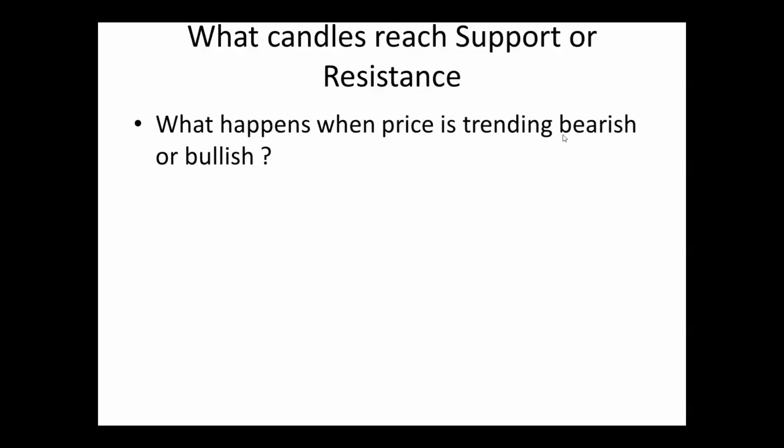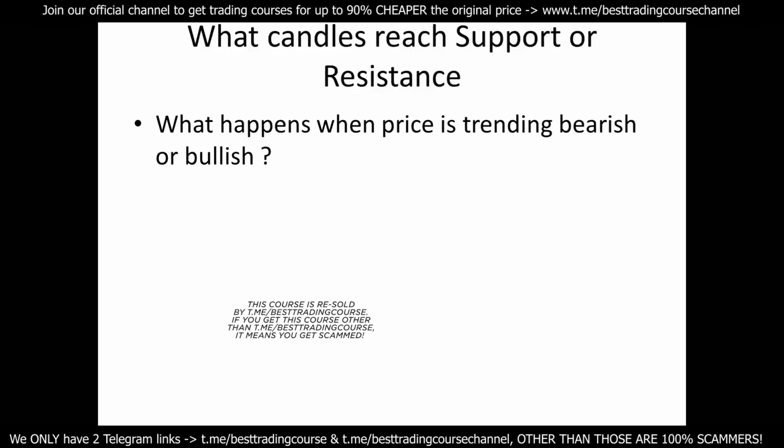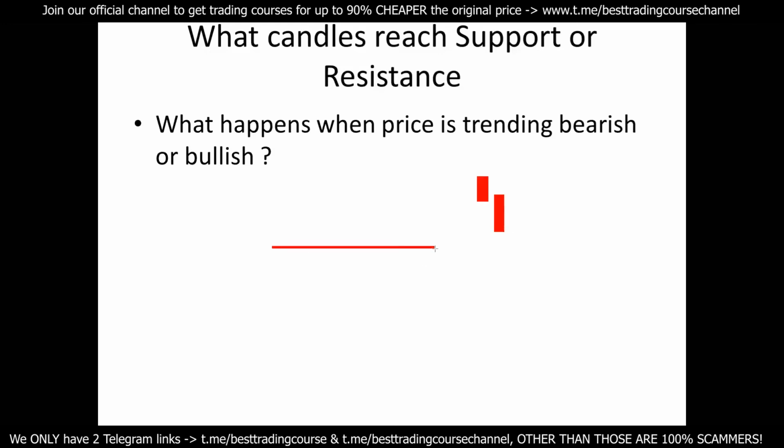All right. What happens when price is trending bearish or bullish? You come to the charts and you see bearish candles forming, big bearish candles moving down, and to the left-hand side you see some sort of support. Normally you would say, okay, since we have bearish candles forming and there's a 4-hour support, we're going to try to take a buy here.